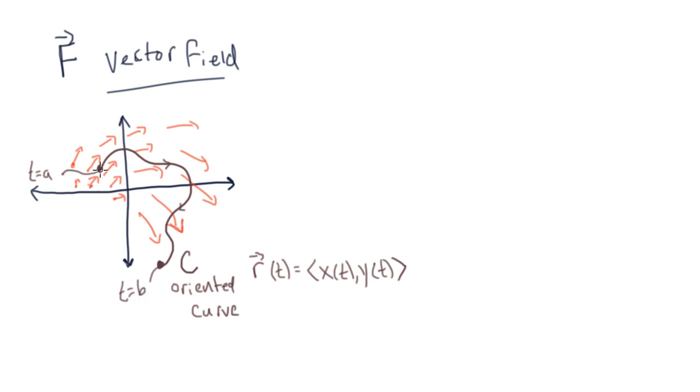It starts here, goes along, and ends here. Then our motivation could be the work done by this force field on the object. So if you look, let's say right here.